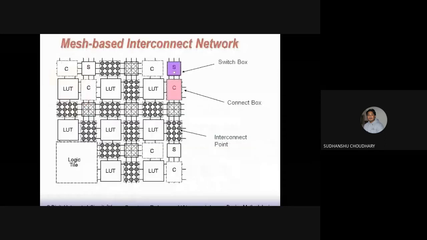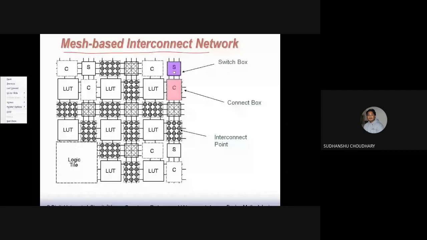Then, apart from this wiring-based technique, one can also note the mesh-based technique. Now these junctions can again be programmed or fused in a similar fashion.